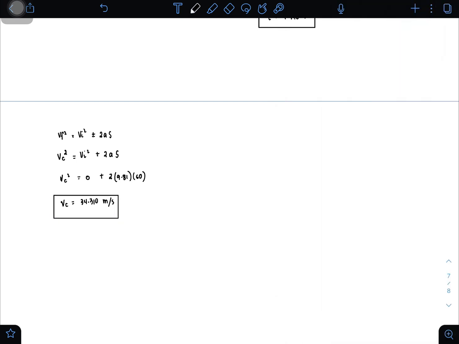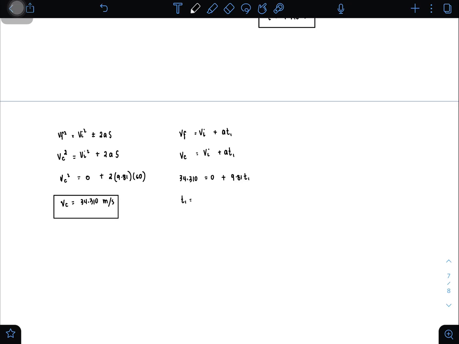And of course, the time being used. We're going to use the final velocity equal to the initial velocity plus the acceleration times time. This one is t1. So VC, the velocity at the midpoint, is 34.310, and that's equal to 0 plus 9.81 multiplied by the time 1.